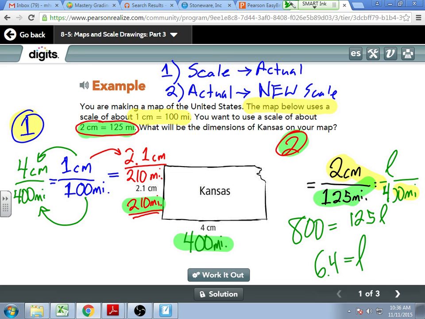So this is 6.4 centimeters on my new map or my new drawing, and the new height was 3.36 centimeters. So these are my final new values after step 2. Anytime you see 2 different scales in your problem, you know it's going to be a 2-part question. Take the scale to the real, then the real to the new scale. Cool? Bye-bye. Have a good day, guys.